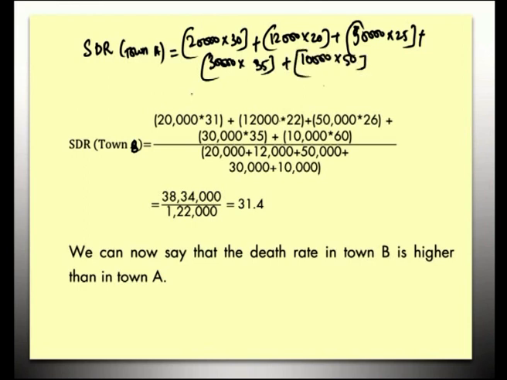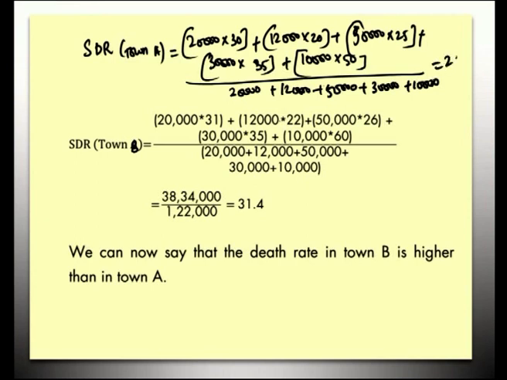Now, the standardization is done by dividing it by 20,000 plus 12,000 plus 50,000 plus 30,000 plus 10,000, and this value comes to be equal to 29.9.